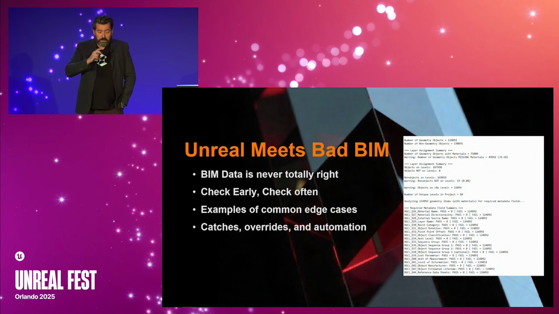And best practices: check early, check often, see what pitfalls you might be coming up against in the future. So we have a validator that processes all the BIM models, lets us know there's X number of objects without materials, there's X number of things that don't have layers assigned, et cetera, and gives us some insight so we can then address it however we see fit.